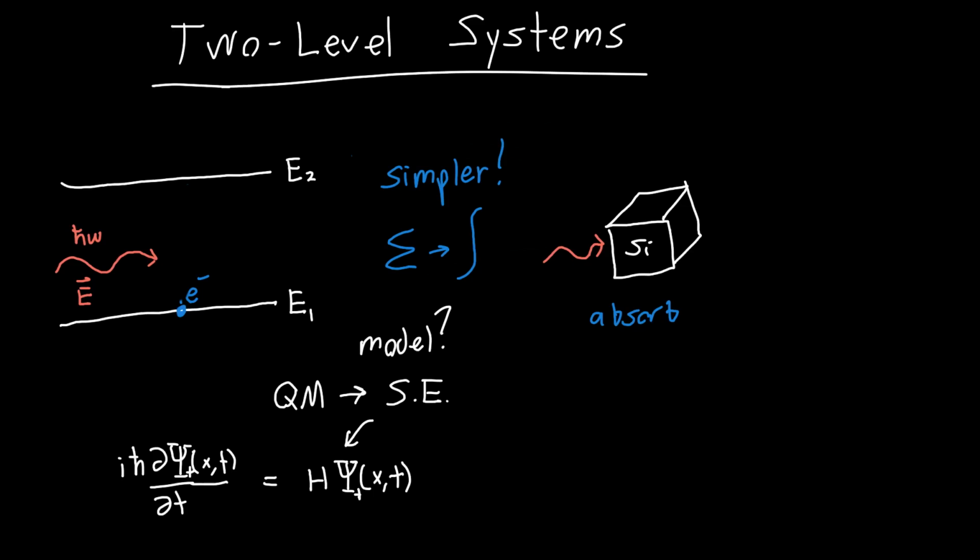Unfortunately, this two-level system exists in a crystal lattice, inside the semiconductor. So in general, let's call this the wave function Psi1 for energy 1, and for energy 2, we've got similarly some other wave function, Psi2 of x and t. They're actually going to be really complicated, as is this Hamiltonian, because the Hamiltonian contains the potential term, which accounts for all of the atoms inside the silicon.